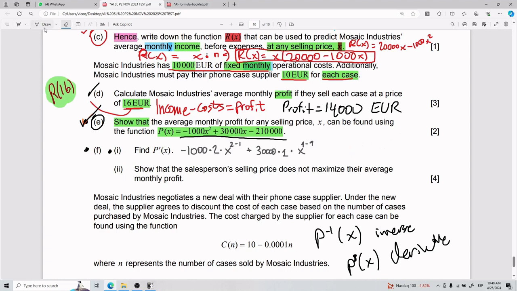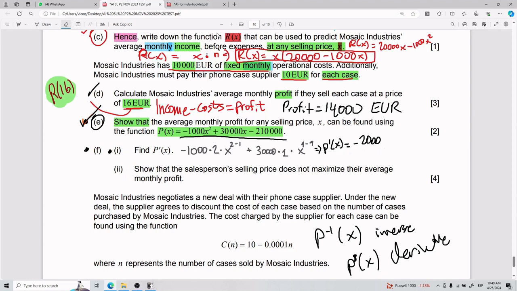And from here, what you end up with is derivative p'(x) is going to be this 1,000 times 2, so it's going to be negative 2,000. Sorry, I'm definitely a little bit not too concentrated today.